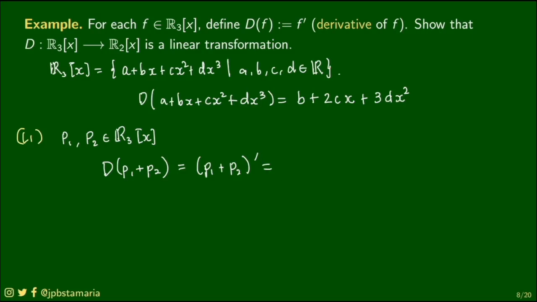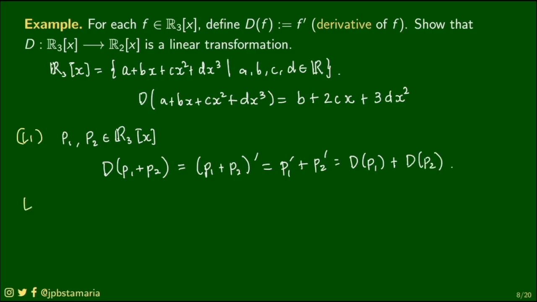But we have learned from calculus that the derivative of the sum is the sum of the derivatives. So therefore, this is equal to the derivative of p1 plus the derivative of p2.